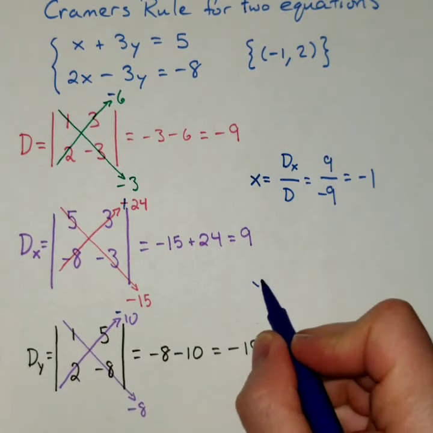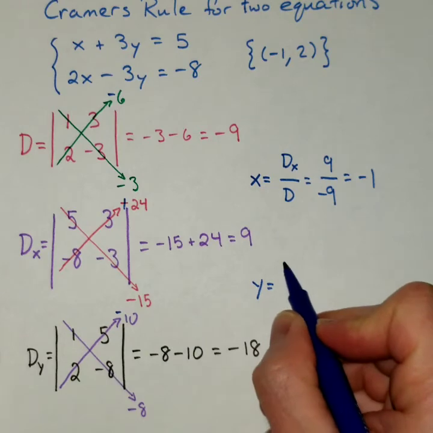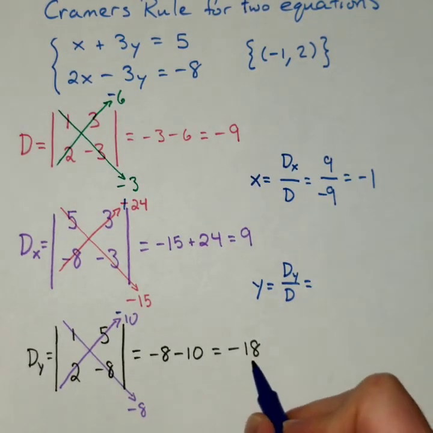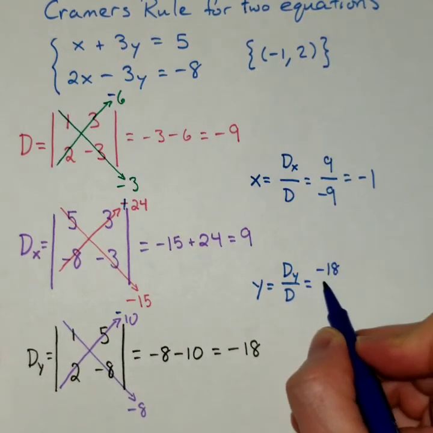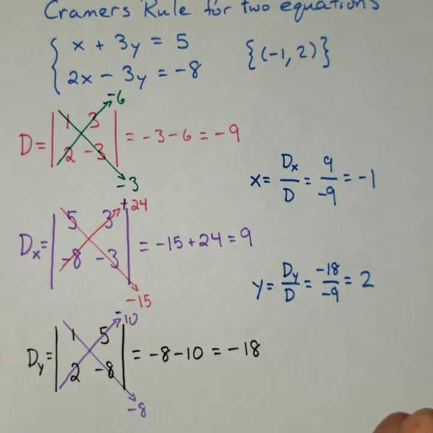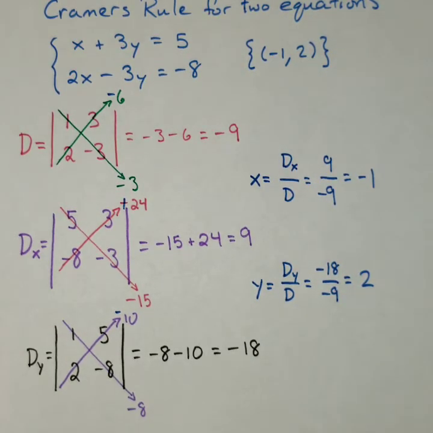In a similar way, the y value can be found by taking D sub y over D, which would be negative 18 over negative 9, and that ratio is 2, which is also the y value of the solution. And so this pattern will continue for every system of two equations that you'll find.